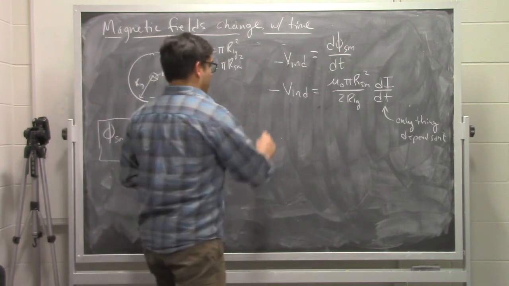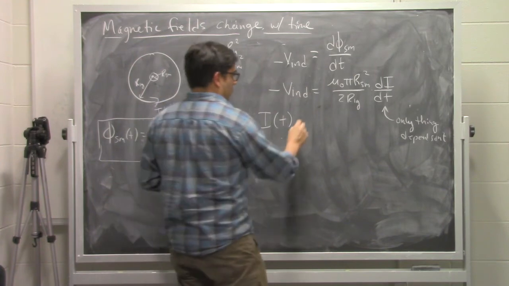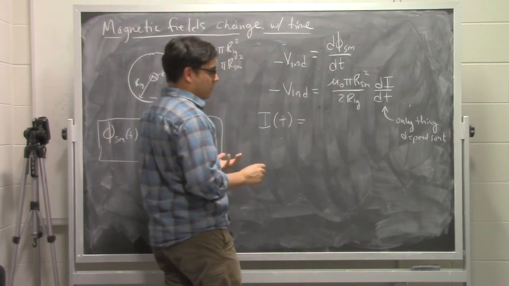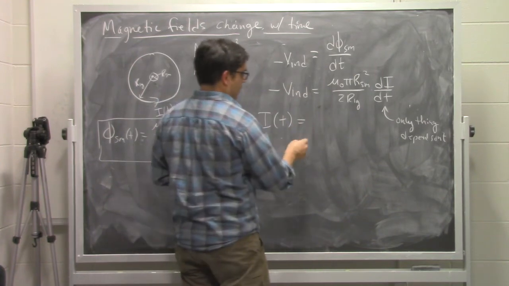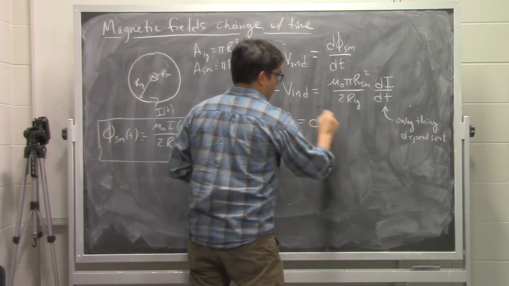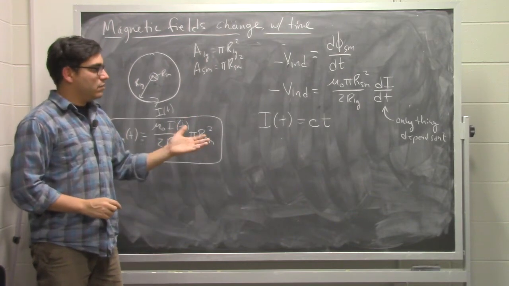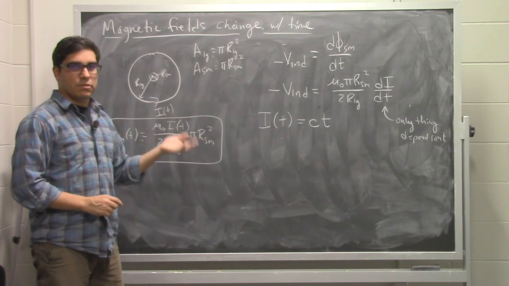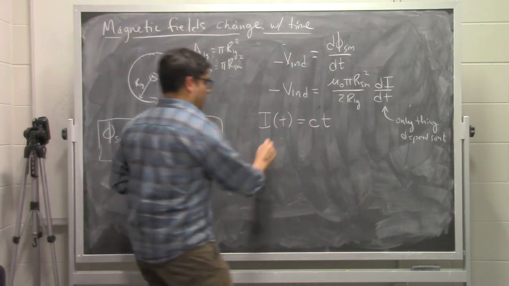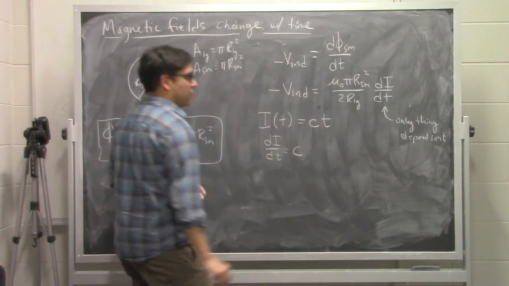So for the case of a current that turns on, modeling it linearly, we'll say that there's some rate constant C that tells us about how fast that current increases, right? So greater C, faster increase; lower C, smaller increase. So the time derivative of this is just a constant for a linear function.